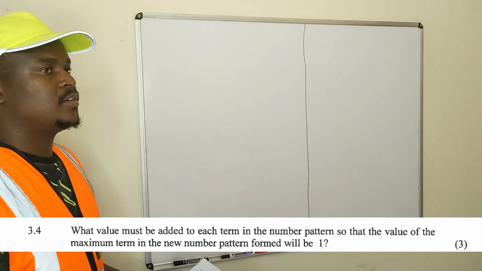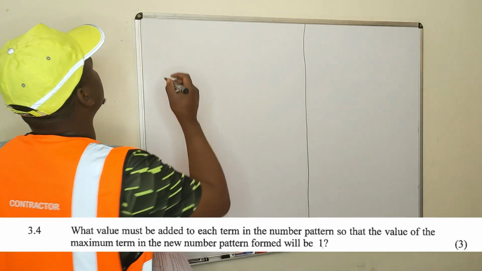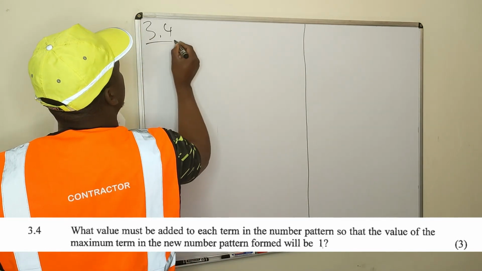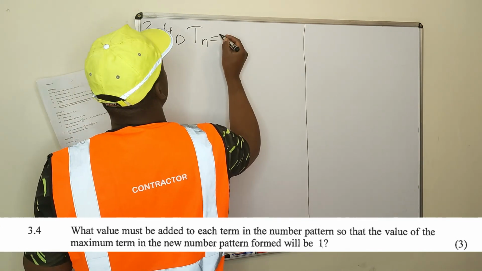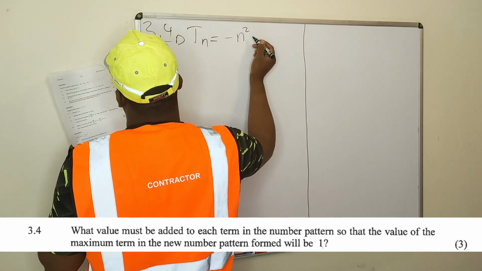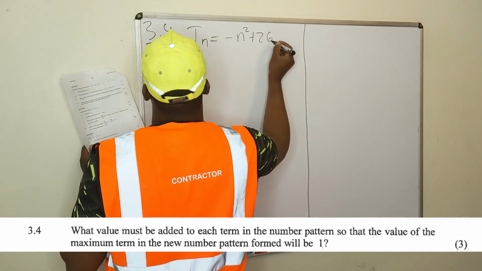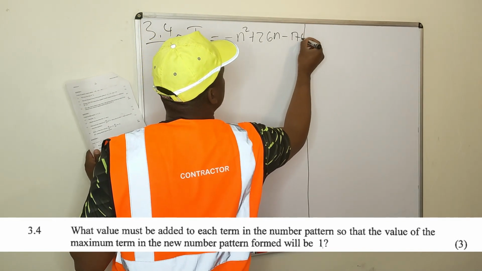So you are given that pattern of yours. So this is 3.4. The pattern that you're given was Tn is equal to minus n squared plus 26n minus 170.